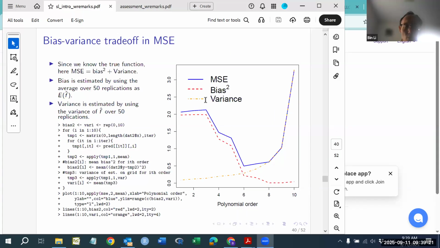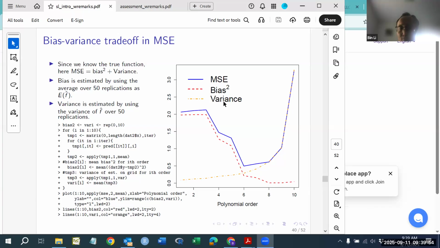So this is the bias and the variance. The orange curve is the variance, the red dashed line is the bias squared, and the blue one is the MSE. The MSE is the sum of the bias squared and the variance, and also plus the irreducible error.